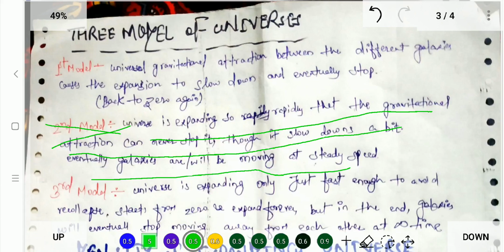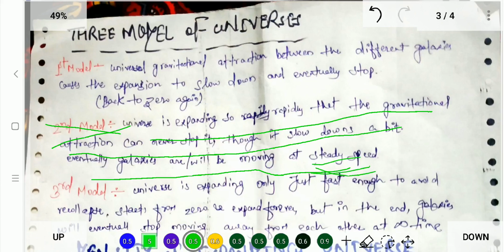So this is saying that the expansion rate is so huge that gravity will never be able to pull everything together at one point, so it will never collapse, but it may slow down the expansion to the extent that eventually bodies will move at a uniform rate away from each other. It means the velocity of bodies moving away from each other will be constant at a steady speed.